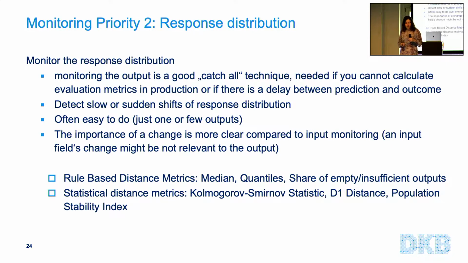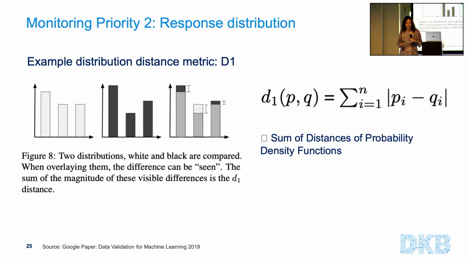And how can you actually do that? You can start quite simple. You can do rule-based distance metrics like the median, quantiles, share of empty outputs. But you can also get more fancy with statistical distance metrics, population stability index, for example. But you get quite far with these rule-based metrics when you start. So this is what Google uses. It's from their paper, Data Validation for Machine Learning from 2019.